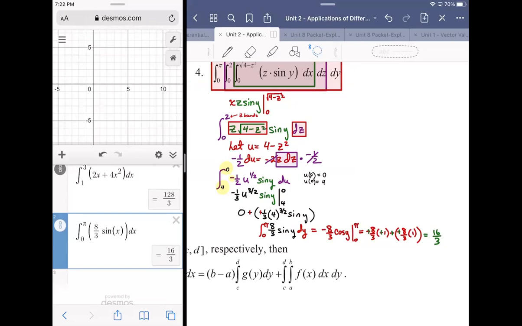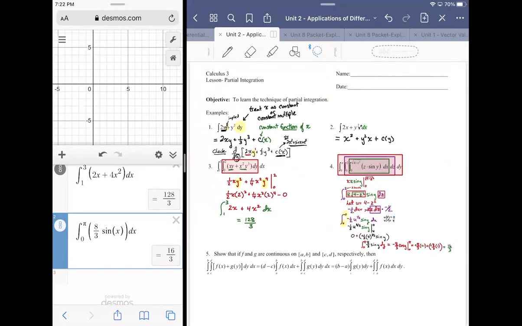If you compare the level of difficulty between numbers 3 and 4, aside from the fact that one had an extra layer of integration, you're really just looking at a more complicated substitution after the first integral, and a little u sub that's a bit more complicated in terms of the integration. But aside from that, same level of difficulty. It's really a matter of the Calc 2 being the determining factor of the difficulty level rather than the Calc 3.